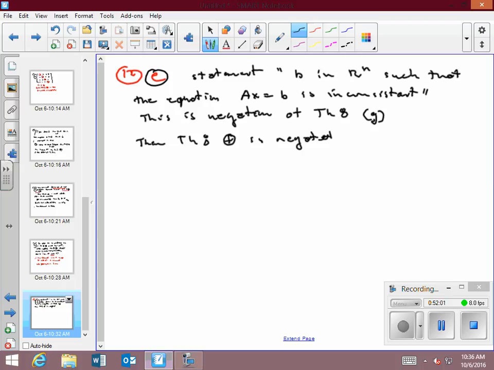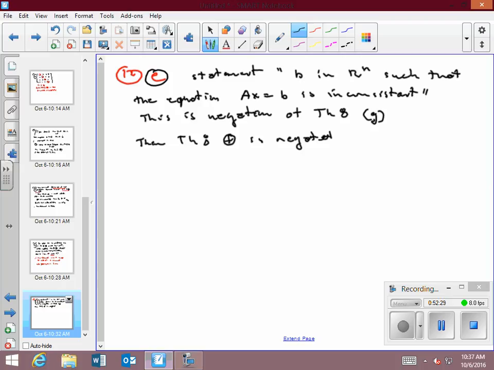See, if it says it's inconsistent, and then theorem G says the equation has at least one solution. If it's inconsistent, it does not have one solution. And this statement says that B is in R such that equation AX equal B is inconsistent.